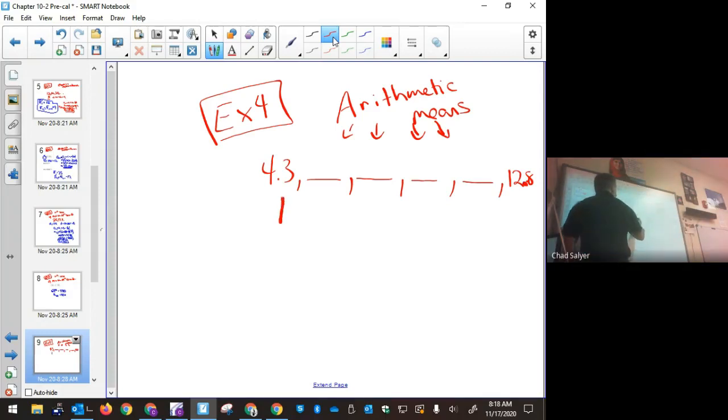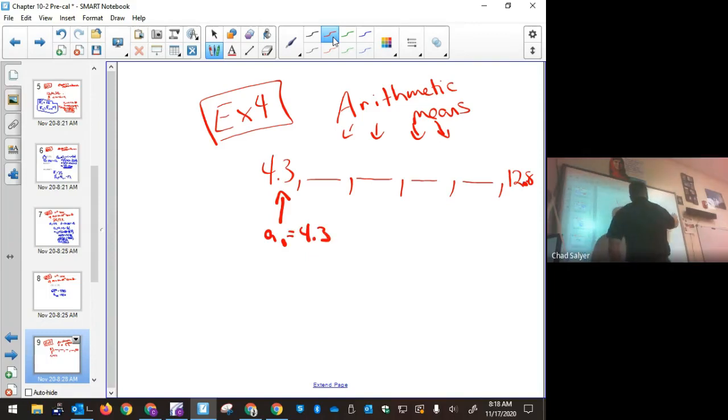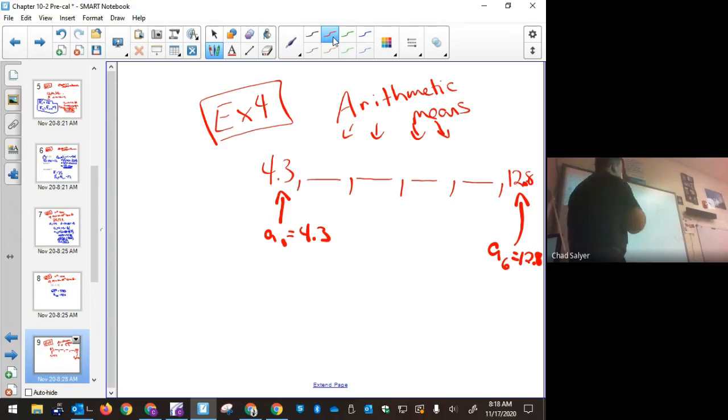Okay, so this will be a sub 1. And then a sub 2, a sub 3, a sub 4, a sub 5, a sub 6. So we're going to use those 2 values to find out what D would have to be.